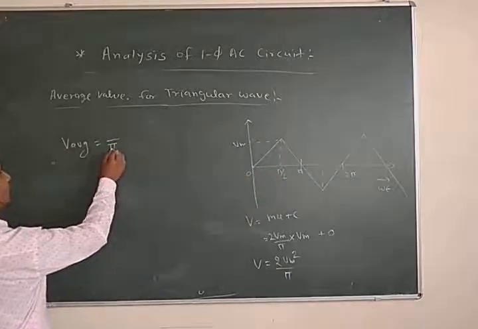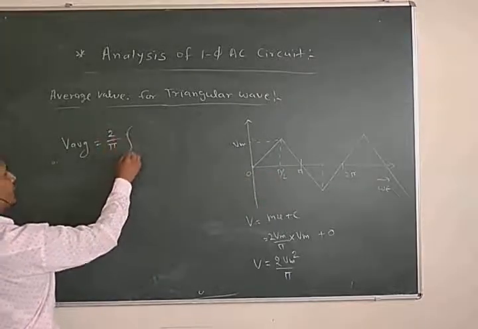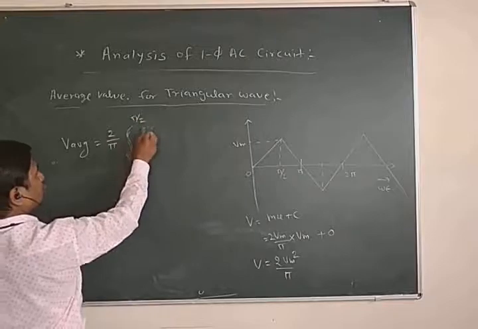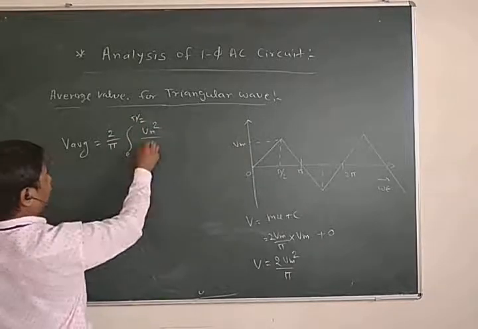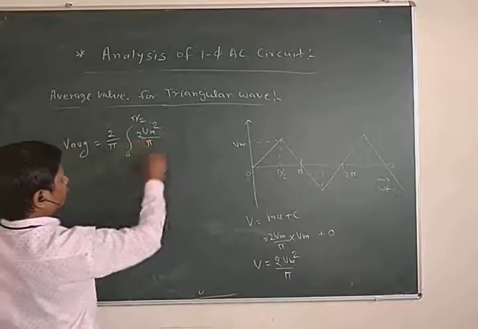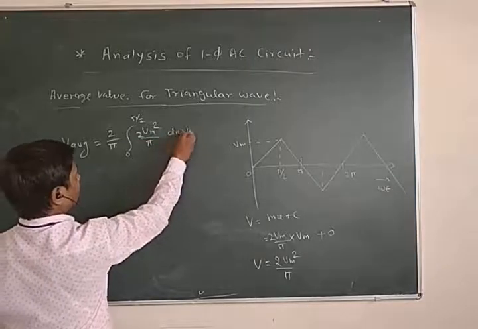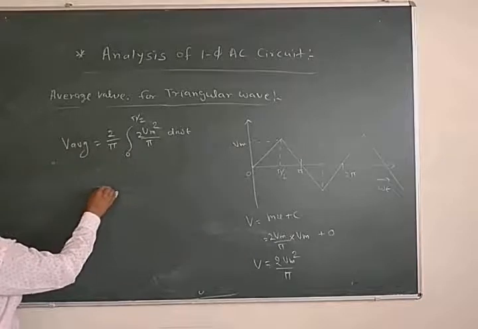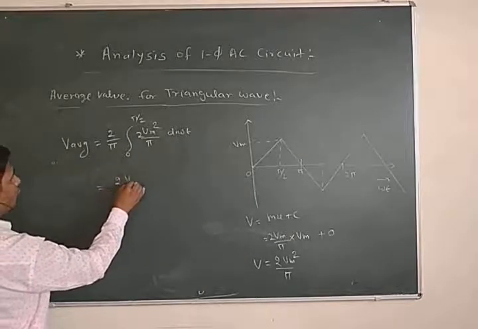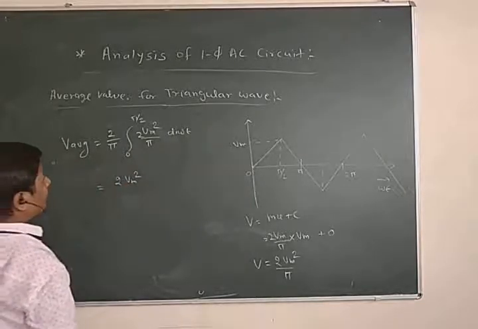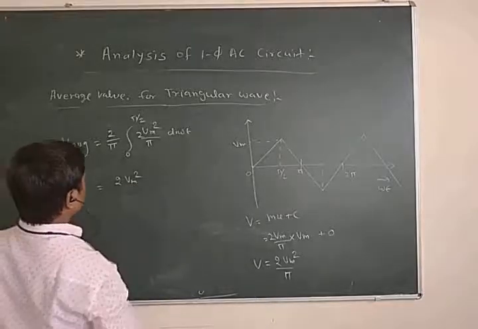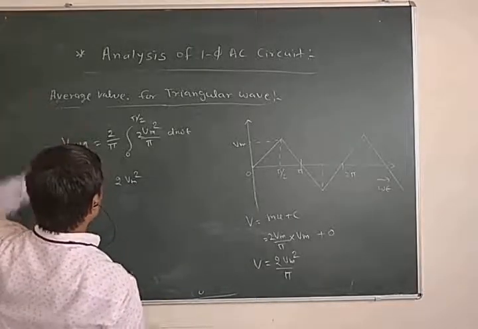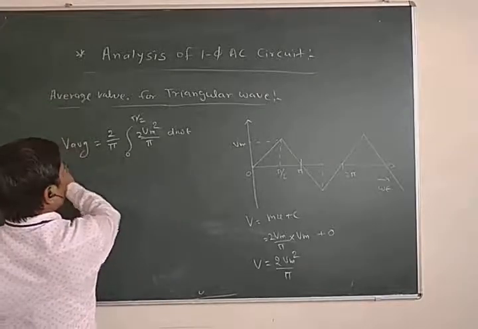Pi by 2 means 2 upon pi, 0 to pi by 2, and the function is 2 Vm omega t upon pi dot d omega t.